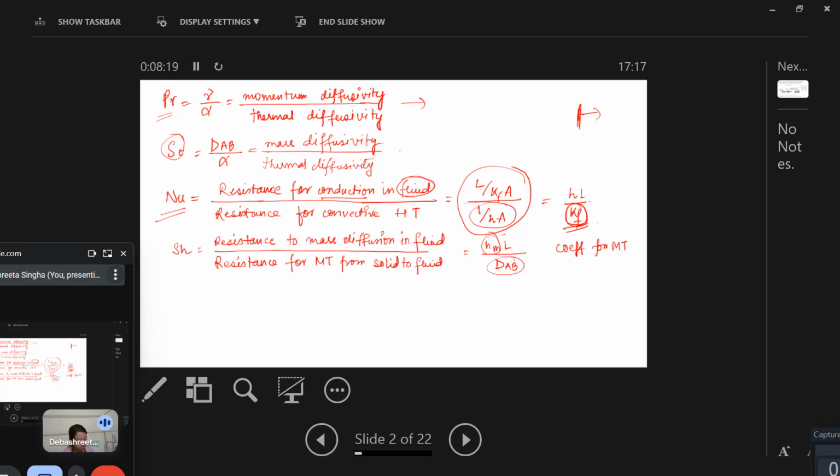Okay. The next is the skin friction coefficient, given as tau.